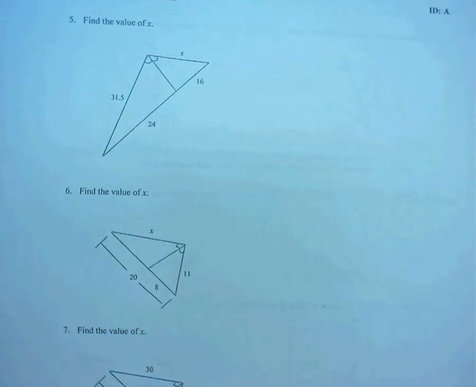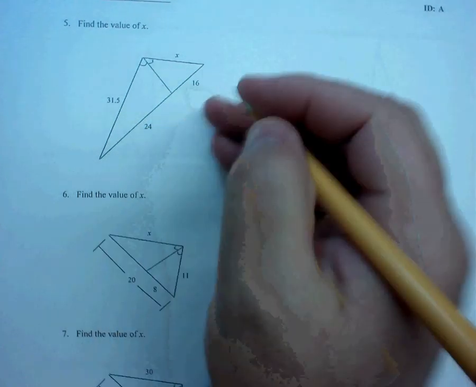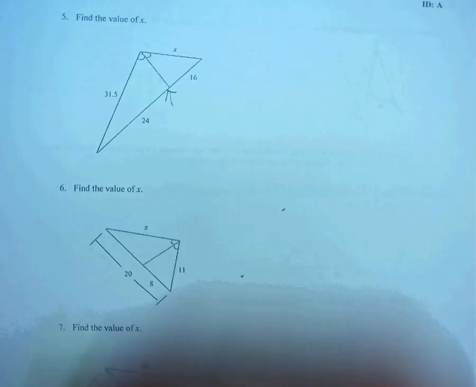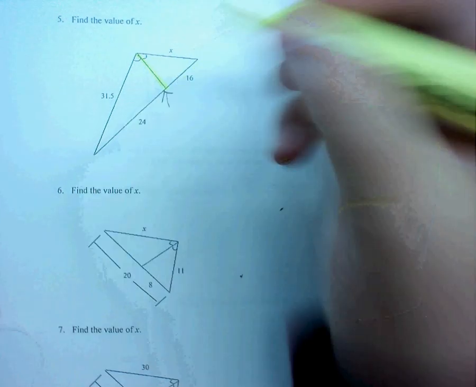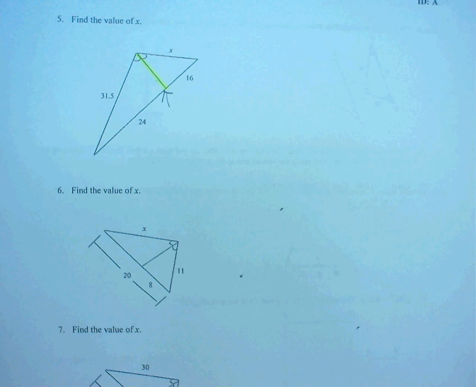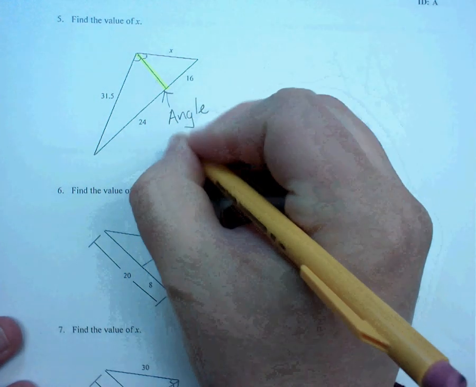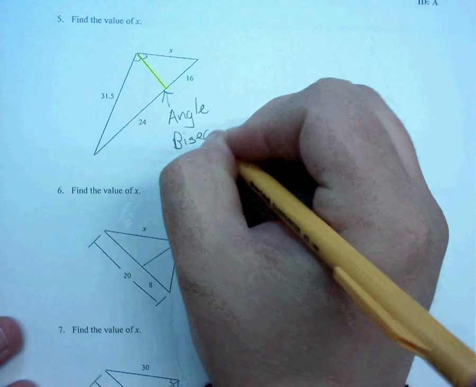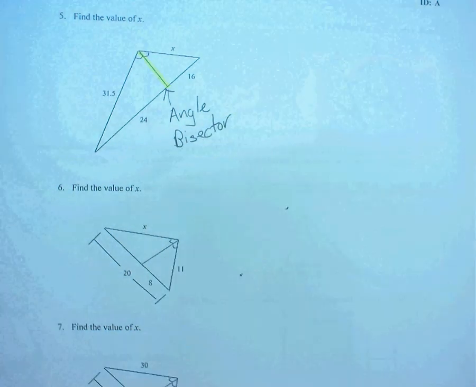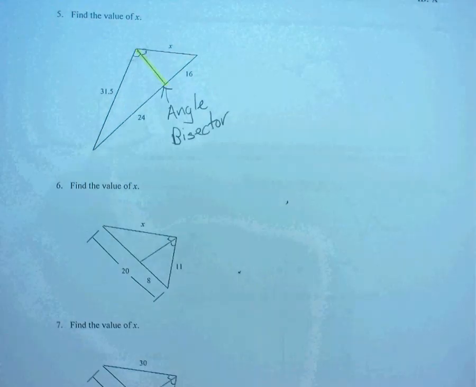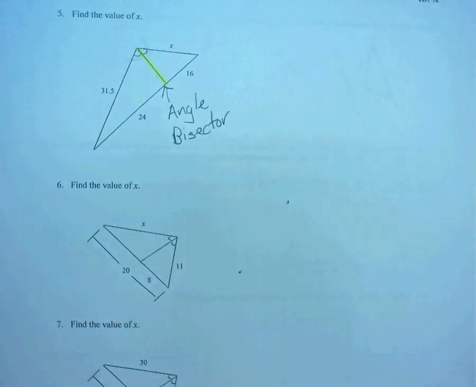So this line segment right here, let me highlight it so you know what I'm talking about, is what we call an angle bisector. Why? Because that line, write this down please so you'll remember it, is bisecting the bigger angle into two equal congruent angles.